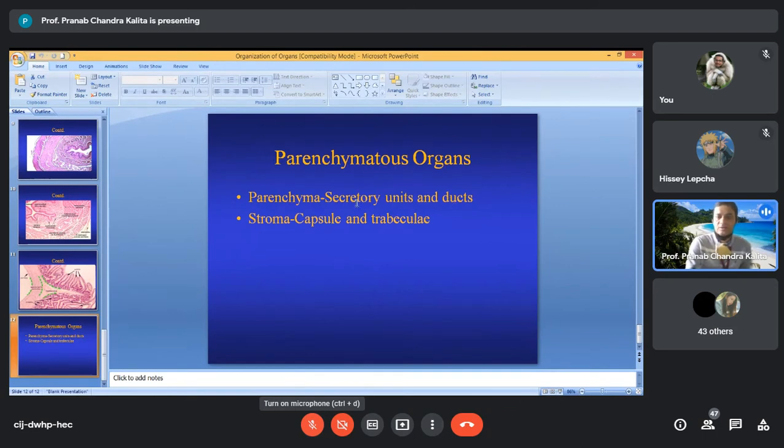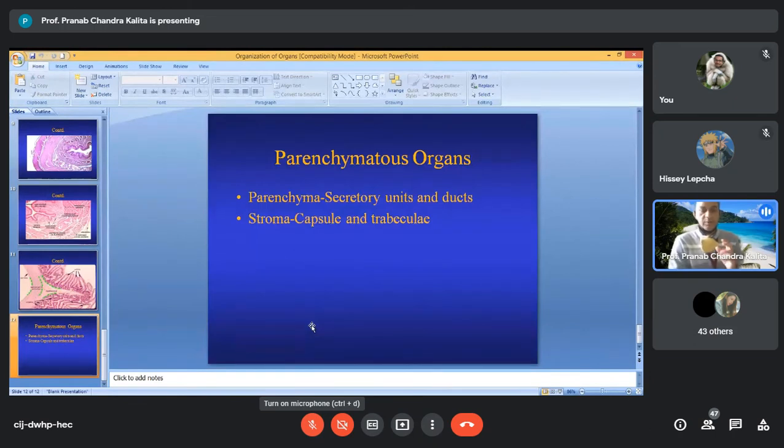Similarly in the pancreas, you will find acinar cells, then the major and minor pancreatic ducts. So different names will be there in different organs, but in general parenchyma means secretory units and ducts, and stroma means connective tissue, capsule and trabeculae. This capsule may have a specific name in some organs. So that is about the organization of the different organs.